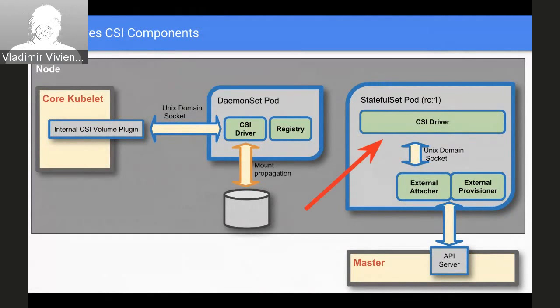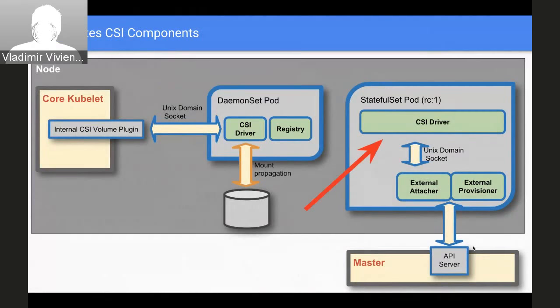And then we also have a StatefulSet pod, which hosts an external attacher and external provisioner, as well as pieces of the CSI driver that can support attacher and provisioning operations.